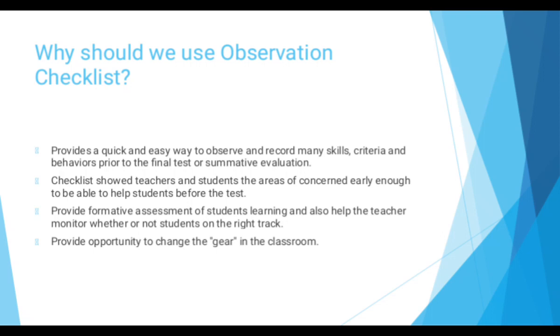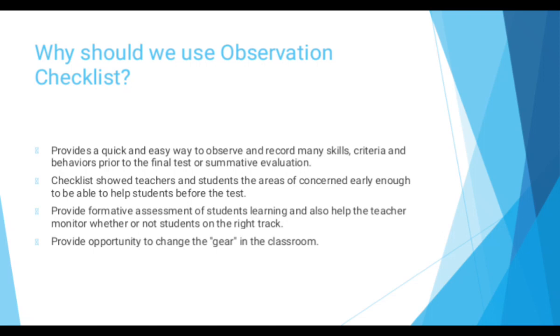This checklist shows teachers and students the areas of concern early enough to be able to help students before the test. It also provides formative assessment of students' learning and helps the teacher monitor whether or not students are on the right track. And lastly, it provides opportunity to change the gear in the classroom.